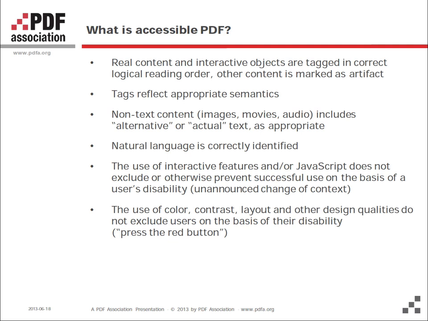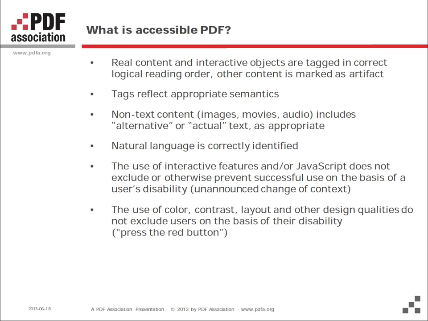Non-text content, images, movies, audio, and so on, must include alternative or actual text as appropriate. This is a distinction that exists far more in PDF than it does in the HTML world. In PDF, we have two different attributes for a tag. One attribute, the alt text attribute, provides the facility to include a description of the item that's tagged.